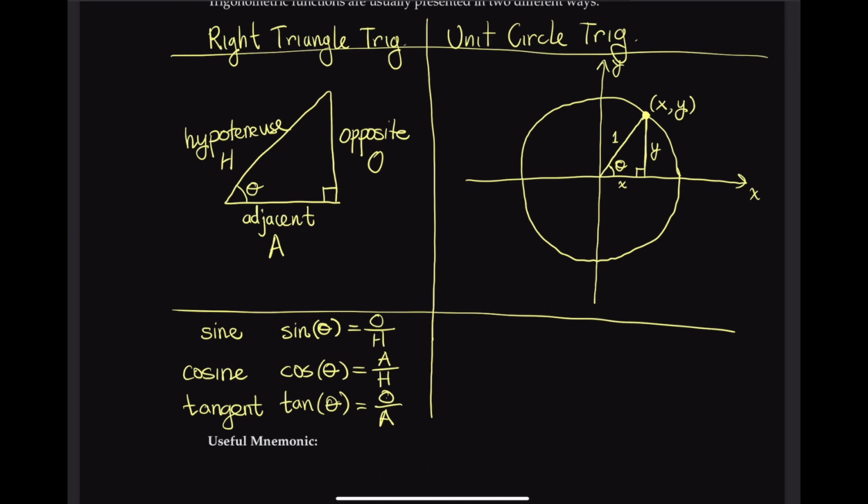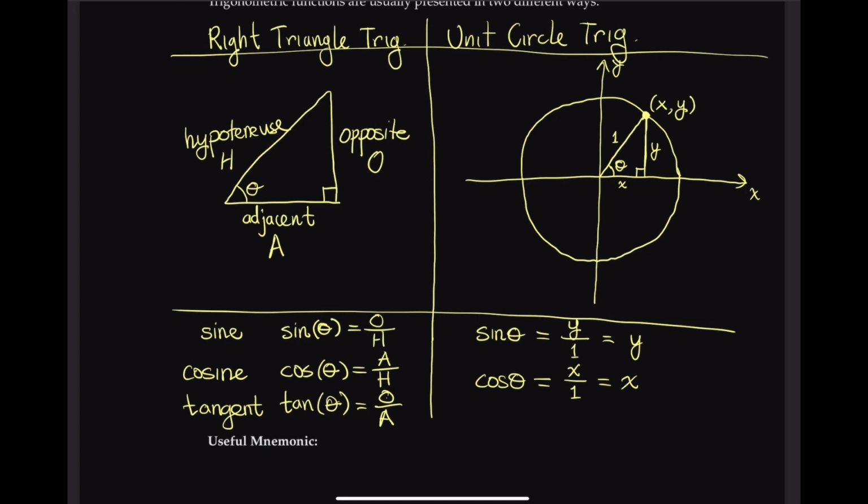So first of all, we have sine of theta, and that is going to be given by the opposite over the hypotenuse. But here what that is is y over 1, which is just y. So we have y is equal to sine of theta. The cosine, on the other hand, is going to be the adjacent, which is x, divided by the hypotenuse, which is 1. So we have x over 1 equals x.